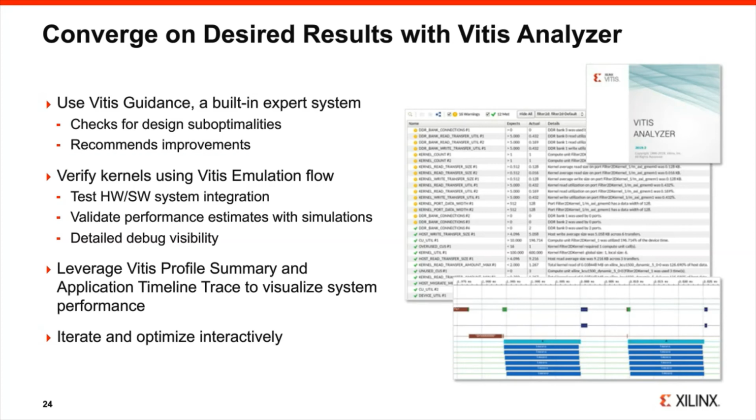The application timeline collects and displays host and kernel events on a common timeline to help you understand and visualize the overall health and performance of your systems. The graphical representation lets you see issues regarding kernel synchronization and efficient concurrent execution.